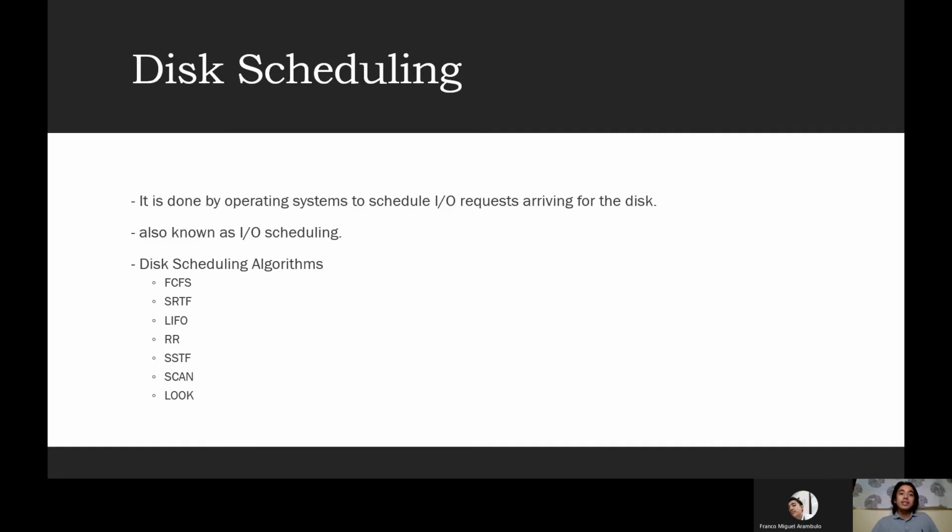There are several disk scheduling algorithms. A few are FCFS or first come first serve, LIFO or last in first out, SSTF or shortest seek time first, and LOOK and SCAN. And there are more algorithms for this scheduling.